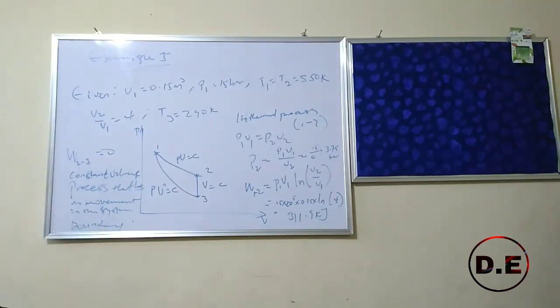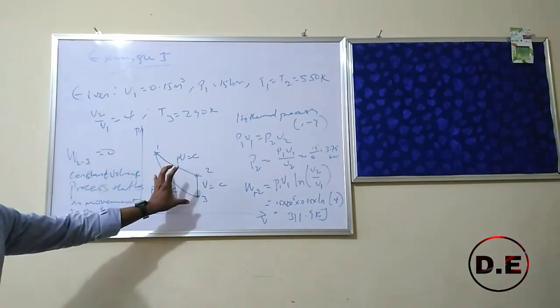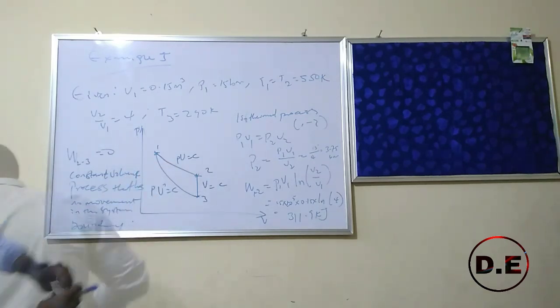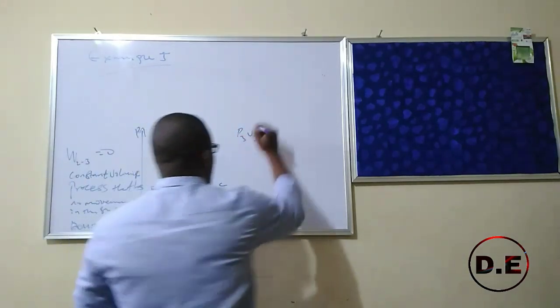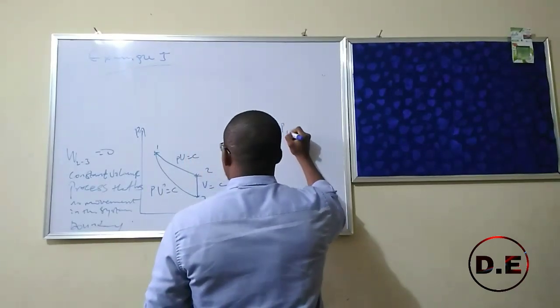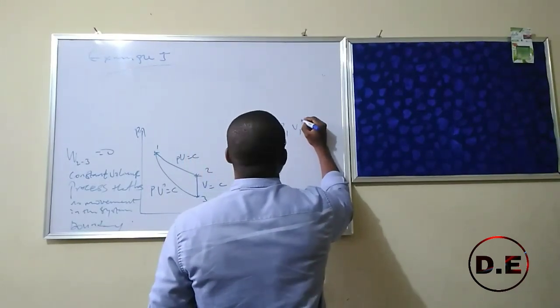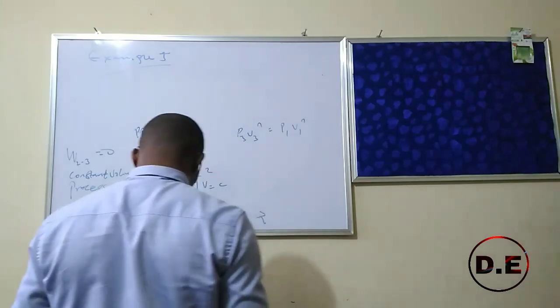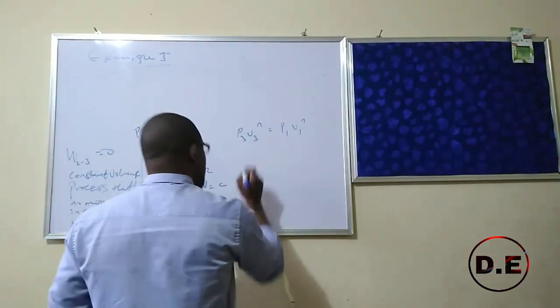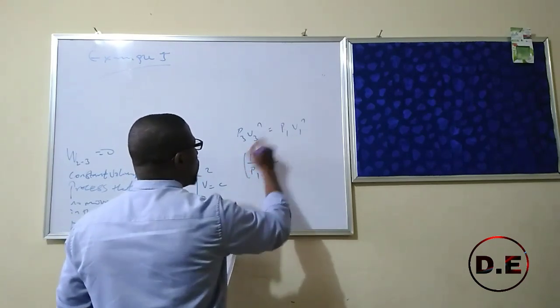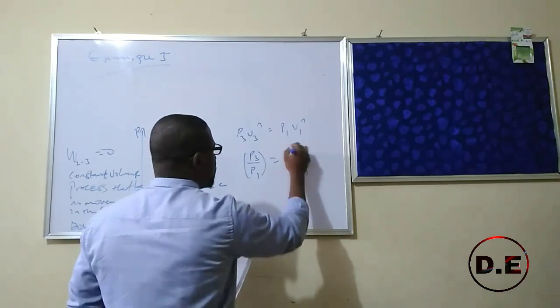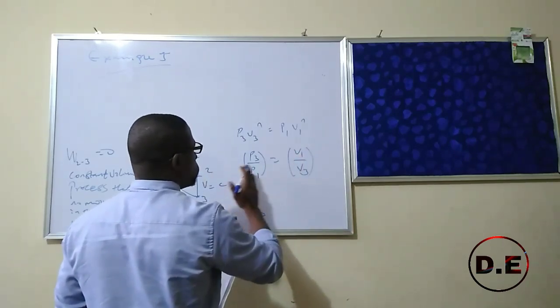Okay, so we now move to process 3 to 1. Now, this process 3 to 1 is called a polytropic process. So we would write P3V3^n is equal to P1V1^n, which we can write as P3 over P1 is equal to V1 over V3 to the power n.